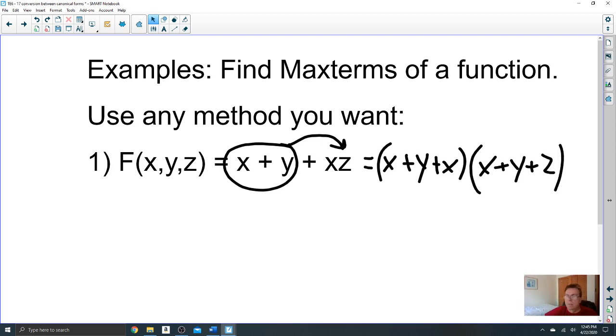Looking good. x plus x is x, so we're going to rewrite it. x plus x is just one x, so we have x plus y. And guess what? x plus y plus z is maxterm 0. It's already a maxterm, x plus y plus z.